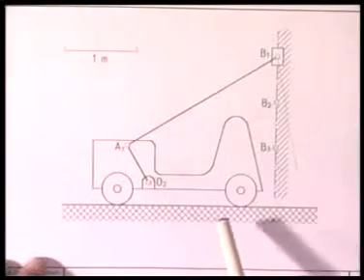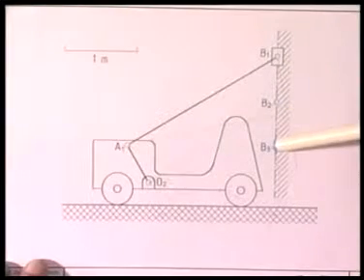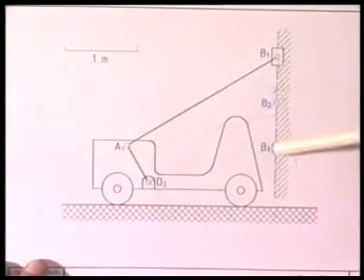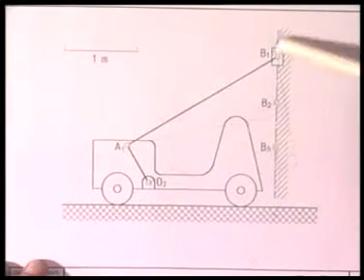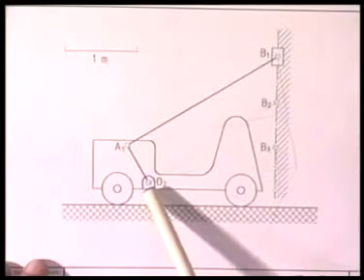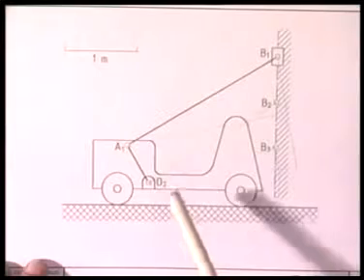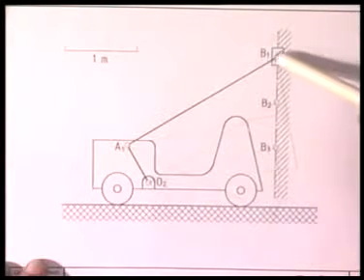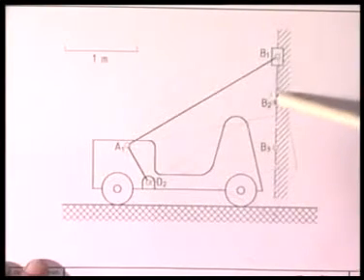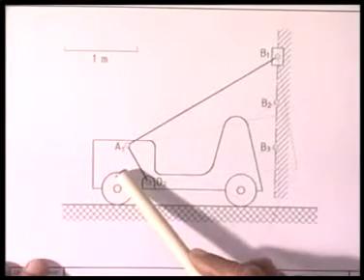So at the first stage of this synthesis problem, let me start with B1, B2, B3. These are the 3 accuracy points corresponding to the slider movement at B. We choose O2 arbitrarily, and the whole problem right now is a function generation problem as the slider crank, such that this downward movement from B1 to B2, which is 0.6495 meter, should occur during 26 degree rotation of the crank in the counterclockwise direction.